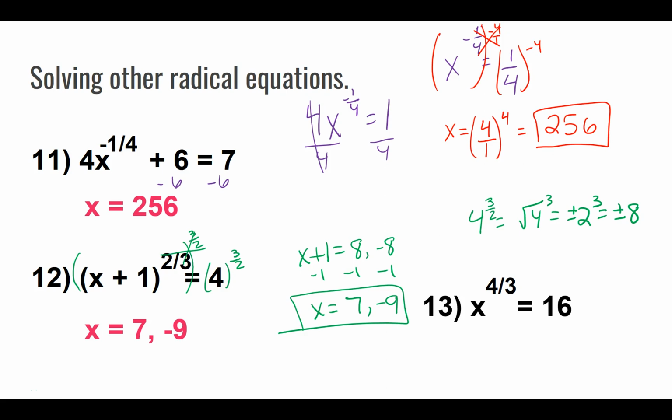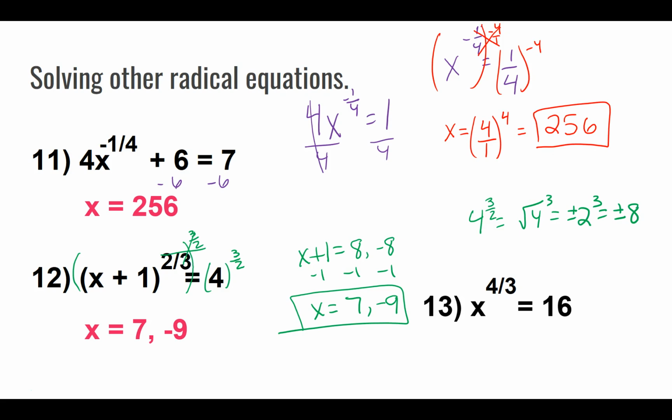Okay, good question. Someone asked if we should check it. The original one was a cube root, so we didn't have to. What's wrong? Kaylee, talk to me. Do you get why we got 8 and negative 8? Do you understand why we have 4 raised to the power of 3 over 2?